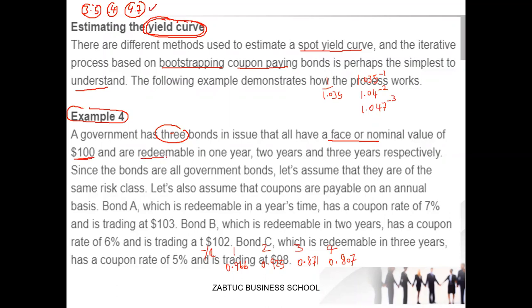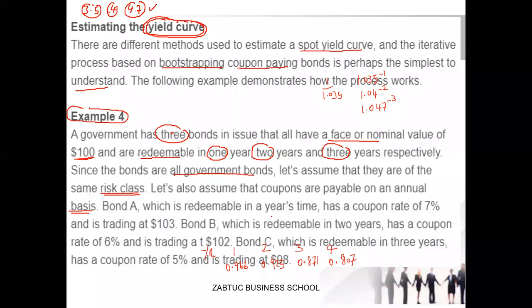And these are redeemable, the first one 1 year from now, the other one 2 years from now, and the other one 3 years from now. Since the bonds are all government bonds issued by the same institution, let's assume that they are of the same risk class, which is true. Let's also assume that the coupons are payable on an annual basis.